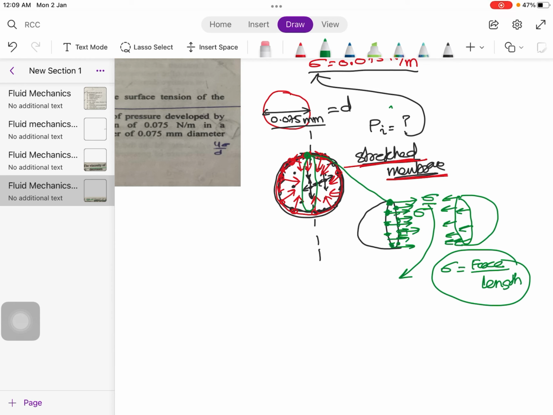The total force, or the net pull of the molecules on this water droplet surface, would hence experience a force equal to the surface tension, that is the force of attraction on the molecules of the surface, times the circumference of this half.